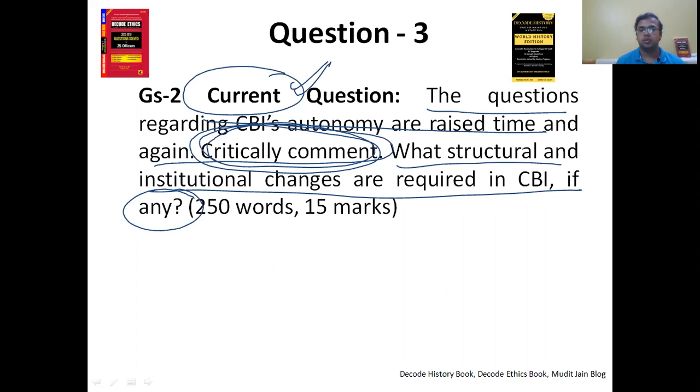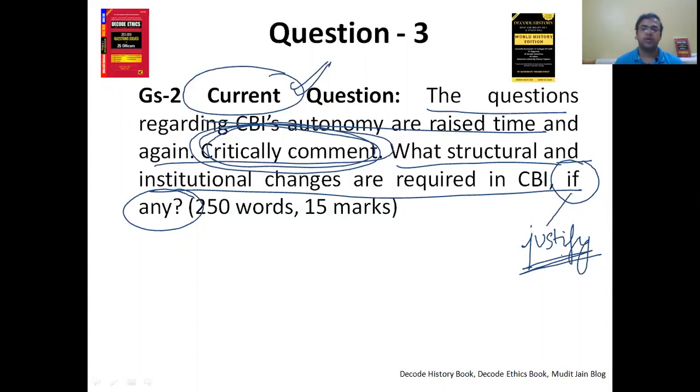If any. Now, it is an open-ended question. You might say that no, there is no need for any changes. You can say there is need of change. Either way, you have to justify your view. You cannot just write the changes that are required or the statement that changes are not required.